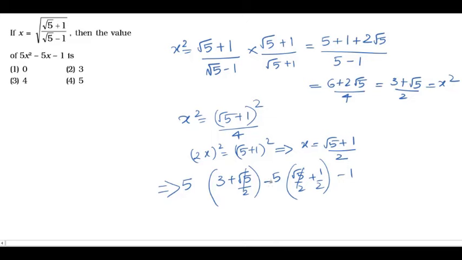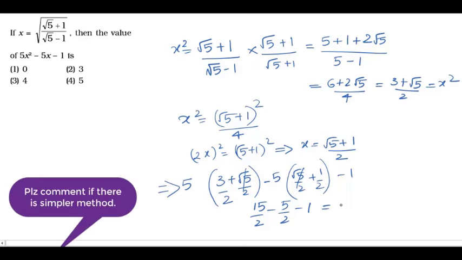So this one and this one get cancelled. So we don't have to multiply. So sorry, there is by 2 here also, right? Yeah. So this will become 15 by 2 and this will become 5 by 2 and this will become minus 1. So 15 by 2 minus 5 by 2, 10 by 2, 10 by 2 is 5, 5 minus 1 is 4.